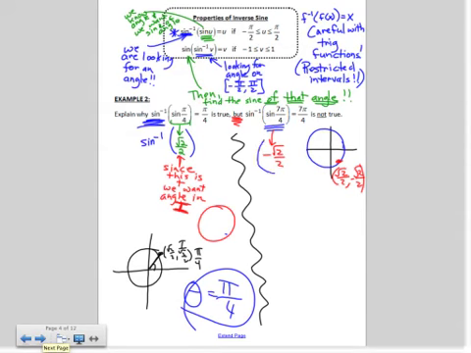But the sine inverse has to be restricted between negative pi over 2 to pi over 2. Well, it's in quadrant 4, so we're okay with that. But instead of 7 pi over 4, we're going to look at it as negative pi over 4.